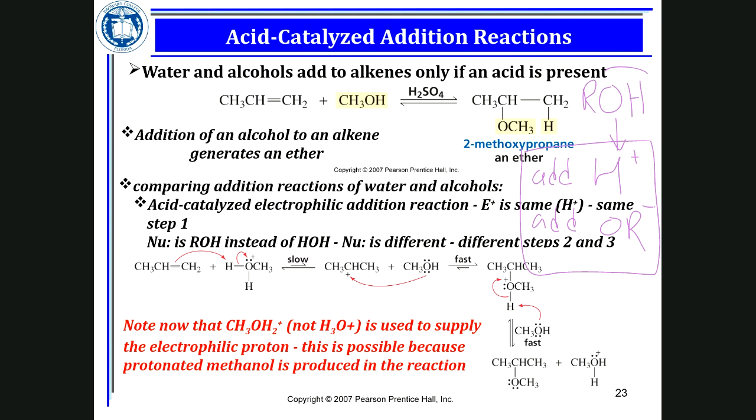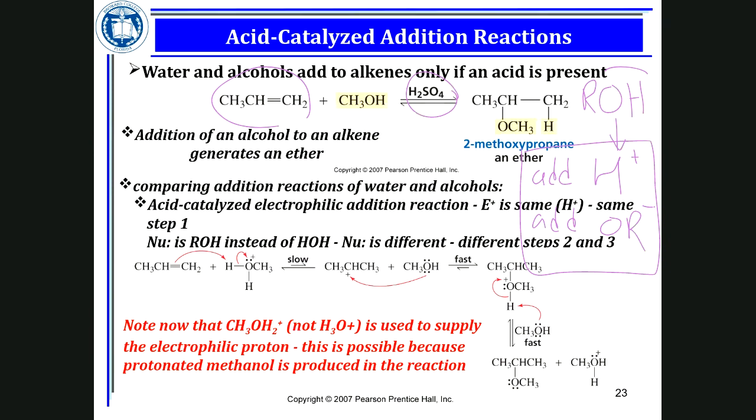Addition of alcohol to an alkene is also acid catalyzed. So H plus comes in first, just like when adding HBr. The first step is going to be the same. So it is an acid catalyzed reaction. A carbocation is going to form first.